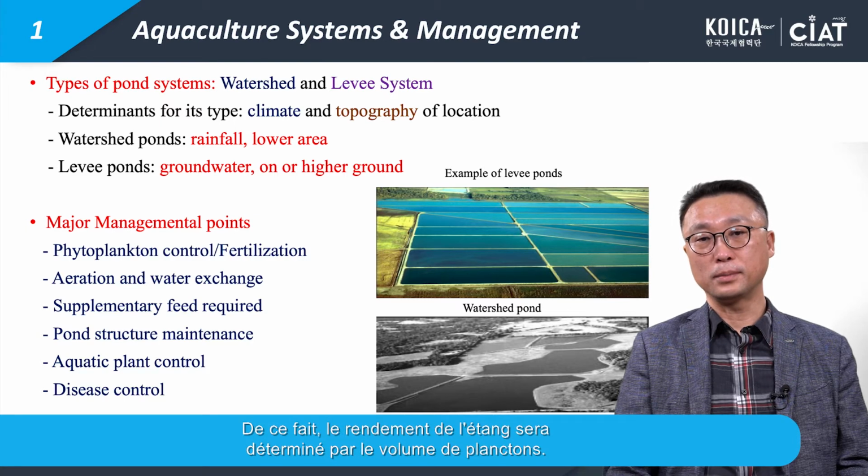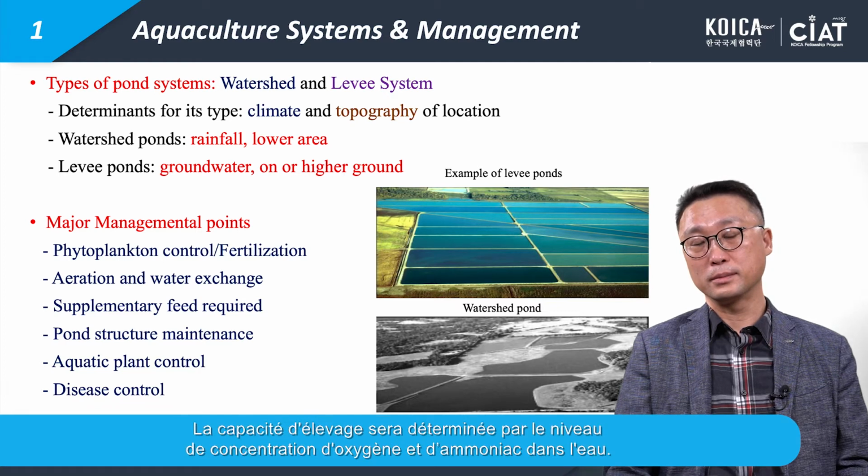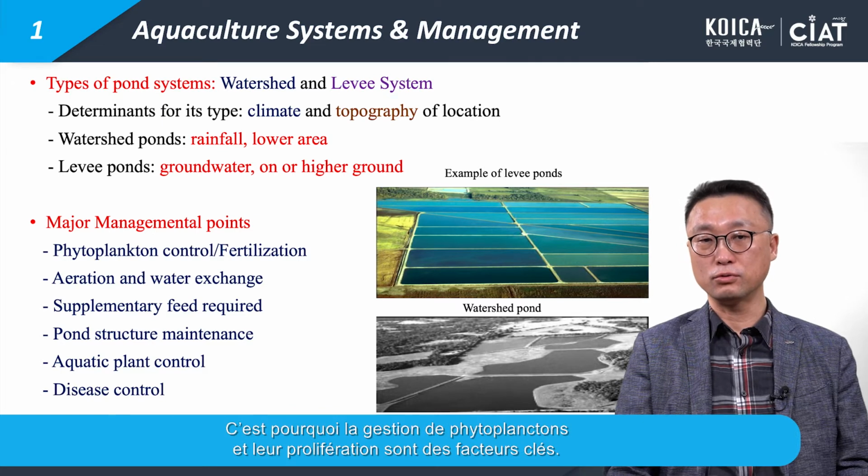So mainly the pond production will be determined by the plankton blooms, because the carrying capacity will be determined by the oxygen concentration and ammonia concentration in the water. So phytoplankton control and fertilization will be one of the key factors in successful management of pond aquaculture.